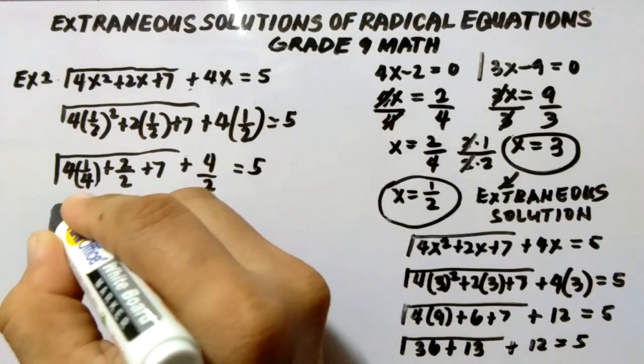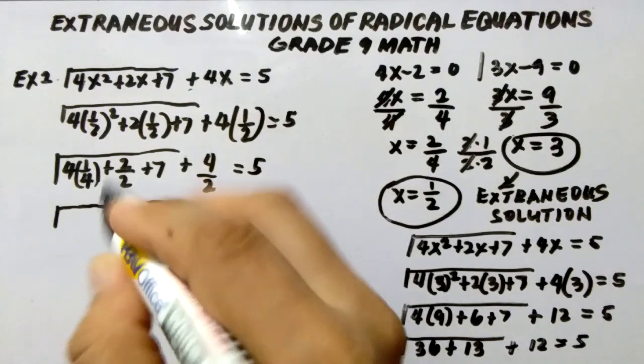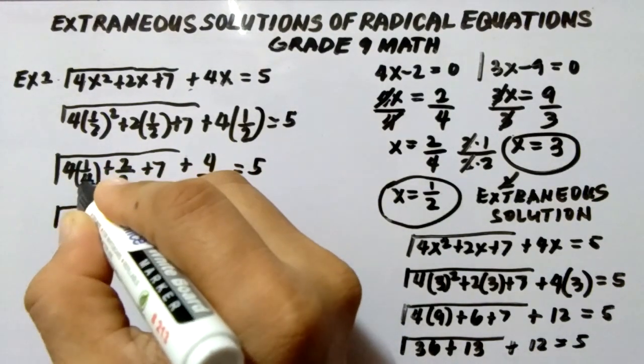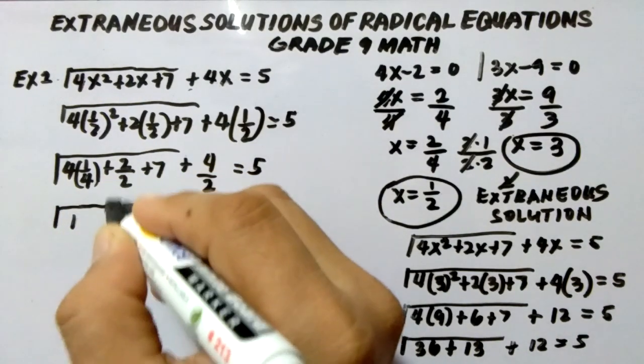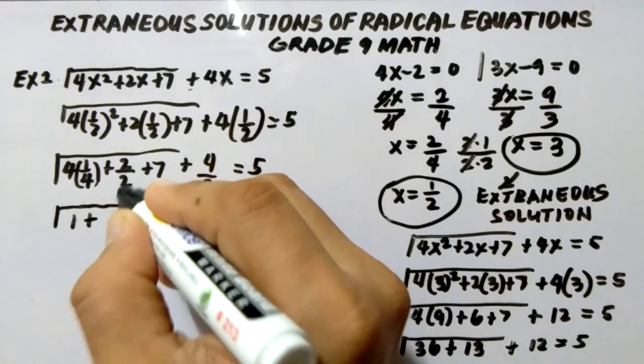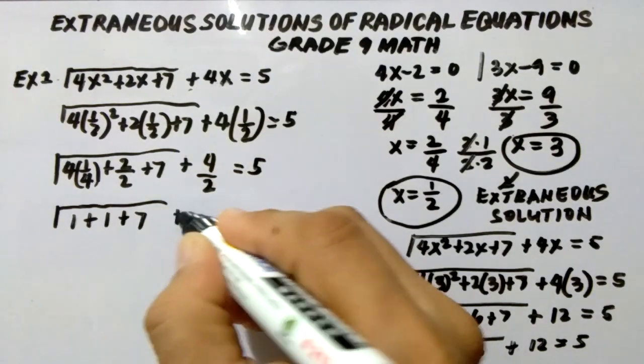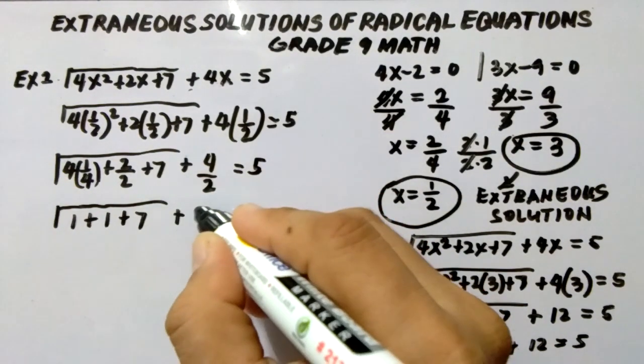Then, square root of 4 times 1, that is 4. Divided by 4, that is 1. So, plus 2 divided by 2, that is 1. Then, plus 7. Plus 4 divided by 2, that is 2.